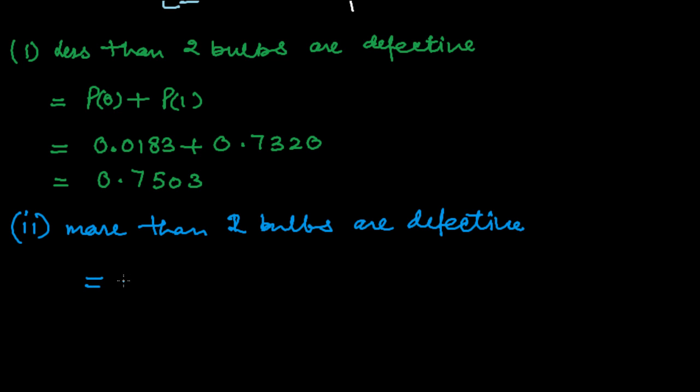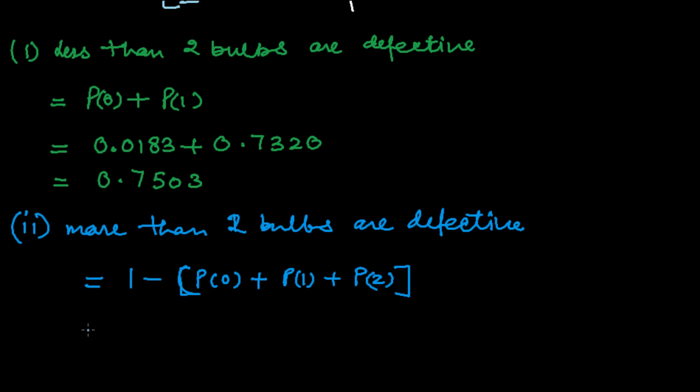So for this, 1 minus P of 0 plus P of 1 plus P of 2.